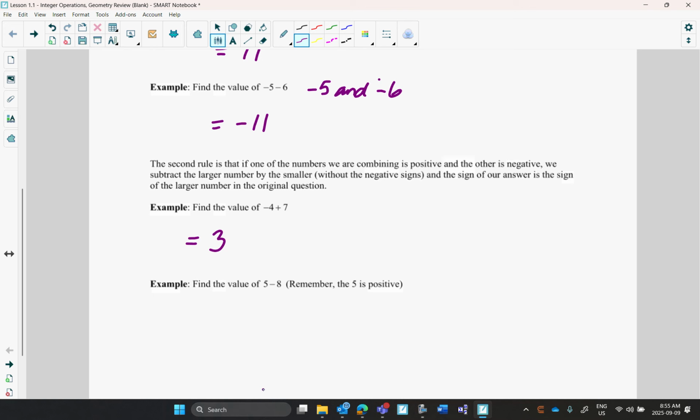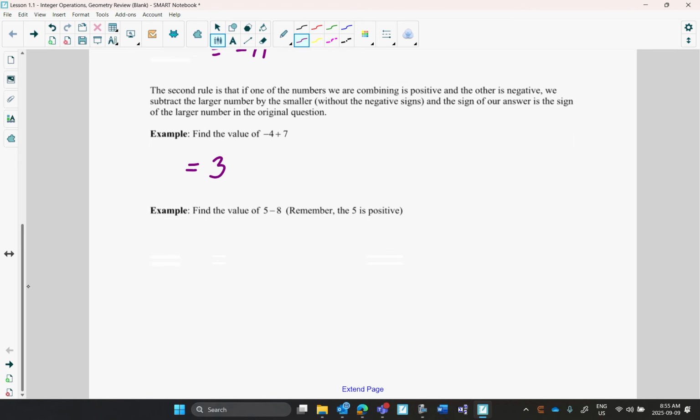So 7 minus 4 is 3, but there's more positives, so the answer is 3. Here, you can apply inverse thinking.